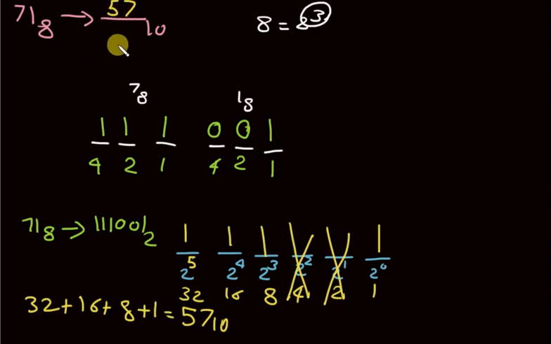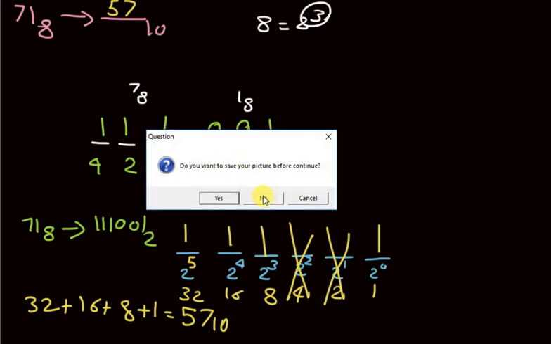Now let's just check it and make sure that this is actually working, that 57 in decimal is actually equal to 71 in octal. So I'm going to open another page, a new page, and remember 71 and 57. Let me write it down before I forget. So I have 71 octal, 57 decimal.